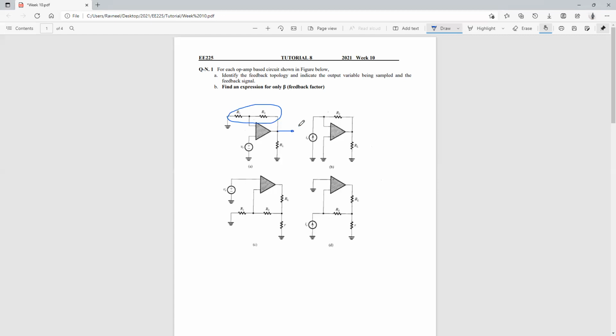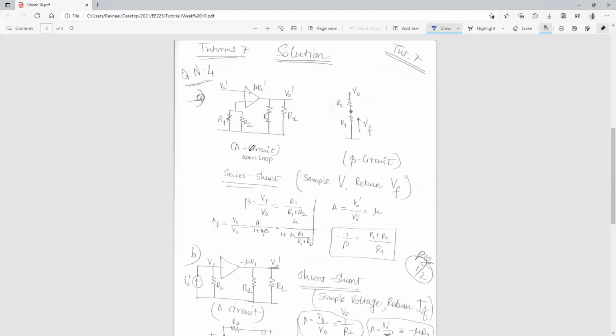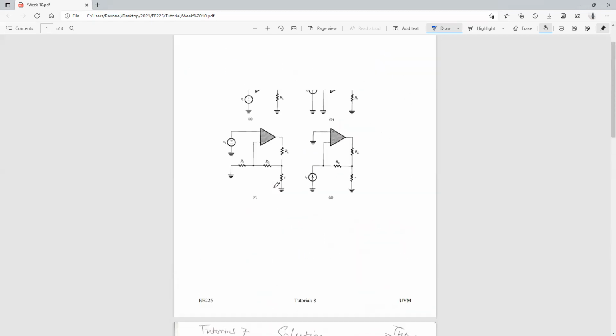So your input is in series, and your output is shunt. This is the topology of this particular network: series shunt. So the topology identified is series shunt.